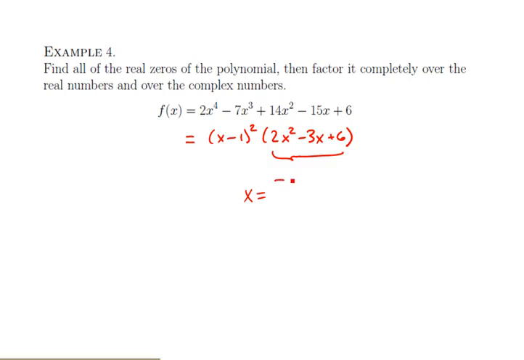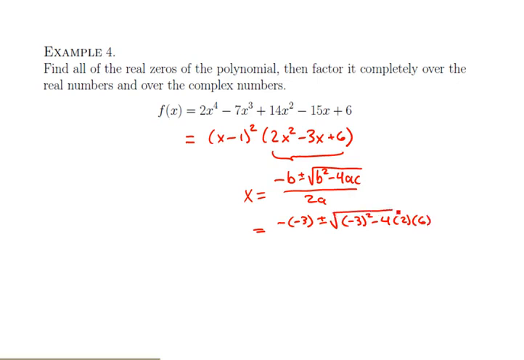And so we'll use the quadratic formula, negative b plus or minus the square root of b squared minus 4ac all over 2a. This with b equals negative 3, a equals 2, c equals 6.